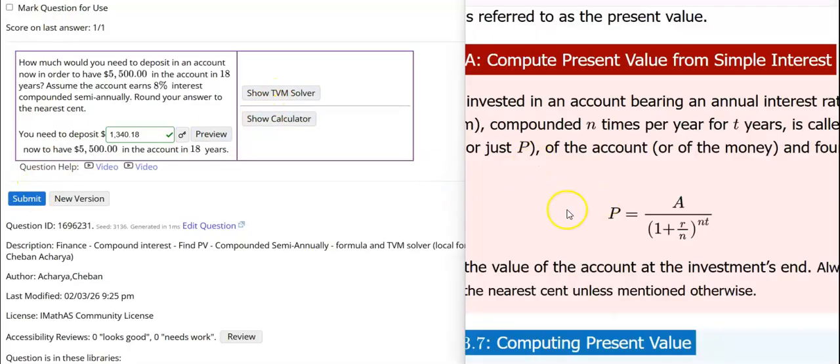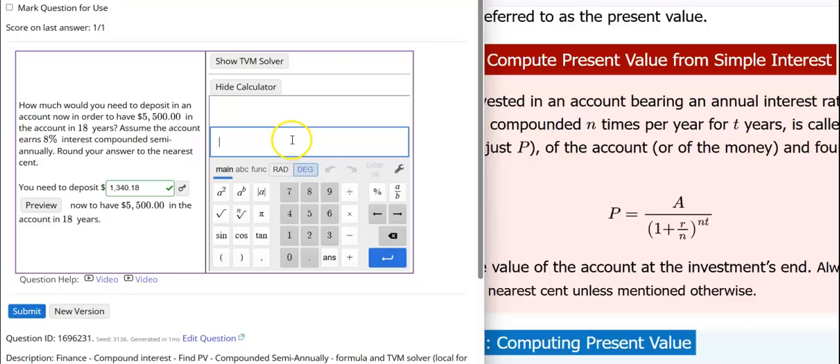Now I'm going to show you how to find this present value using the formula. Here's the formula: present value equals future value A divided by parenthesis 1 plus R over n, to the power nt. Let's put it in the calculator directly.